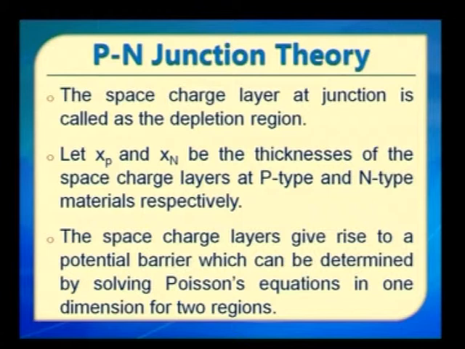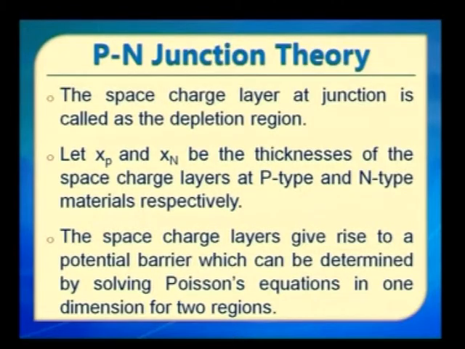The space charge layer at the junction is called the depletion region, as you have seen, and I am mentioning here what x p and x n are. X p is the extent to which the ionic layers are present in the p type, and similarly x n in the n region.